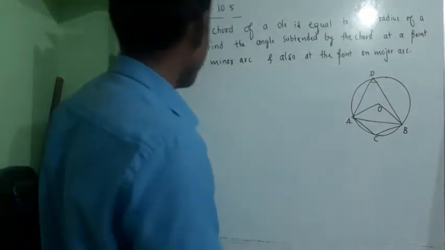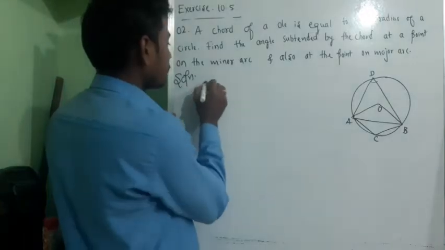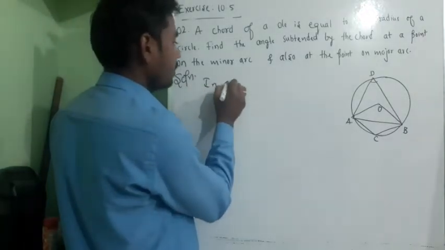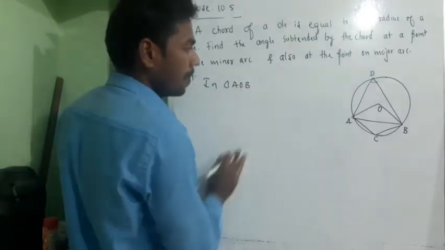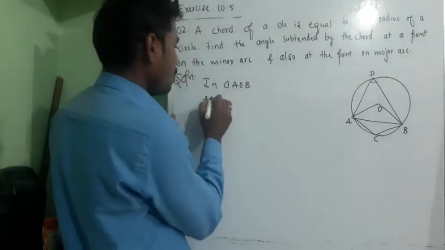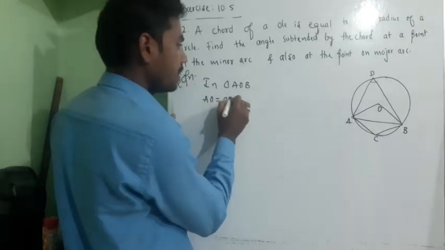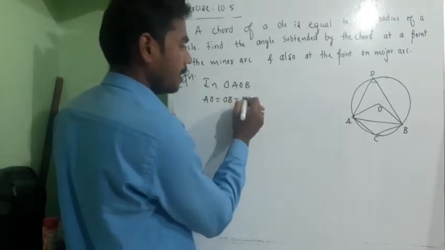For that, see what is given in triangle AOB. AO is equal to OB is equal to AB. It is given.